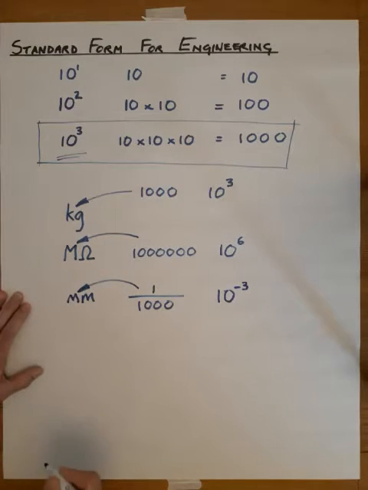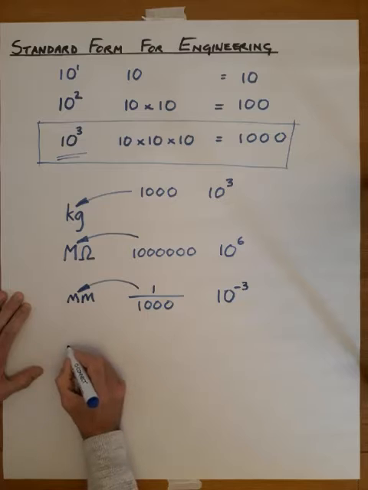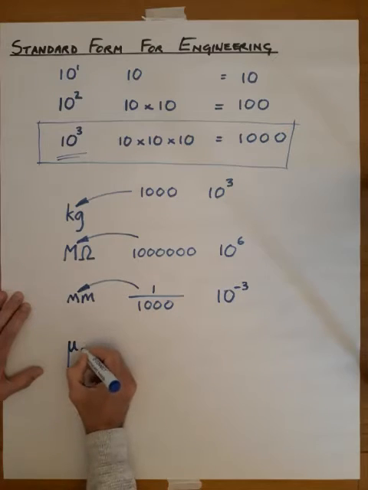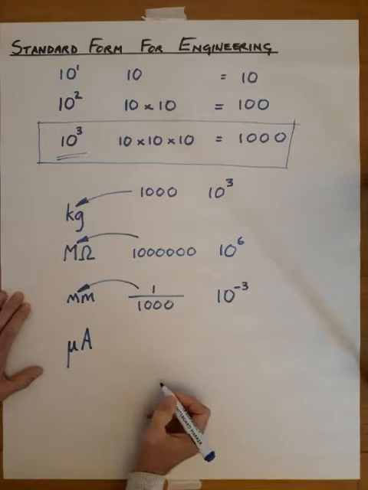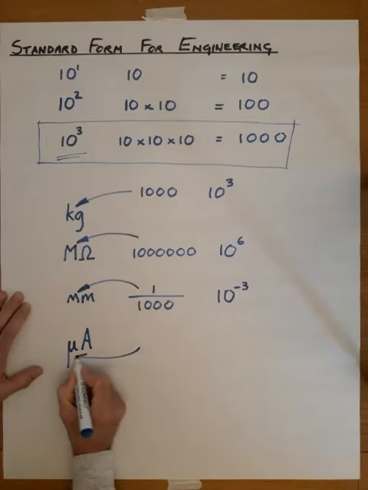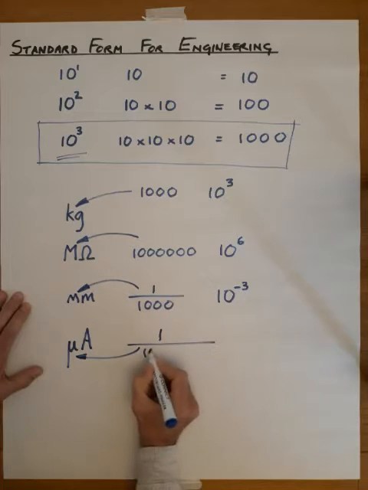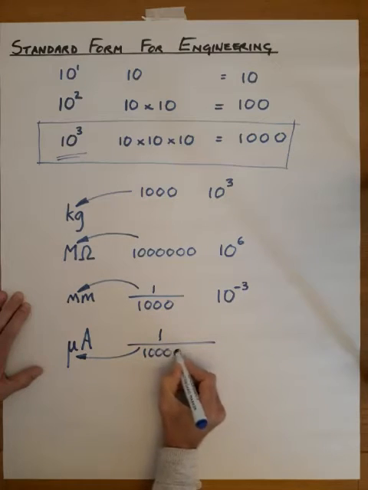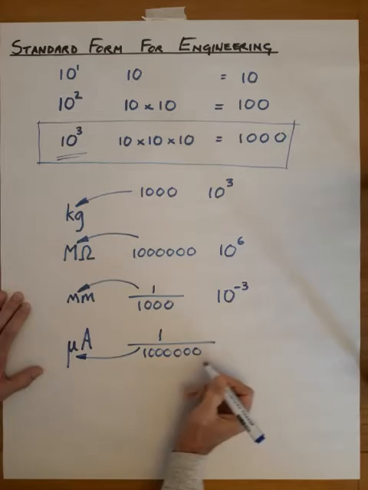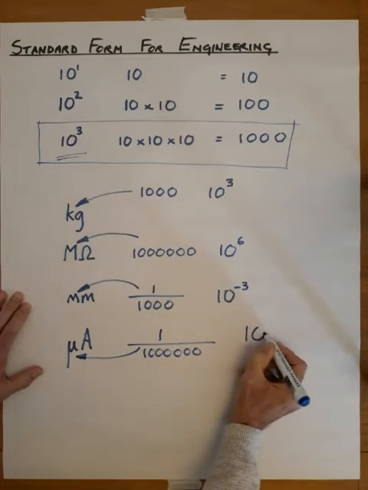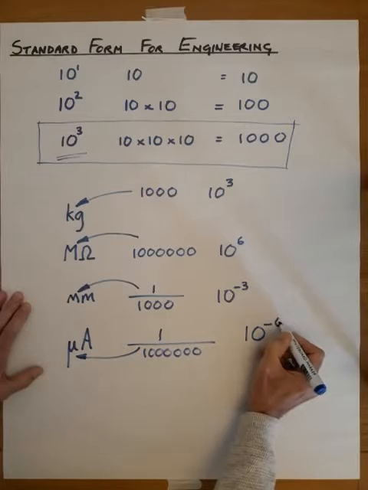You may deal with even smaller numbers like microamps. That's the Greek letter mu for micro amps. And this is 1 over a million. In standard form, we would write 10 to the minus 6.